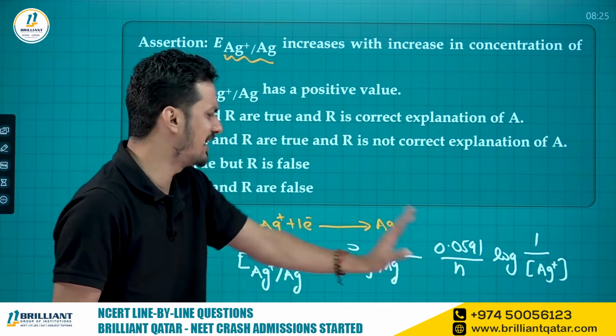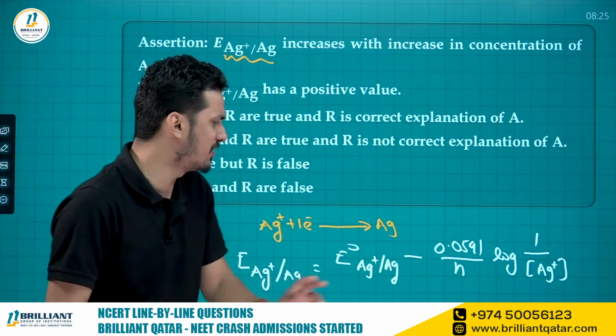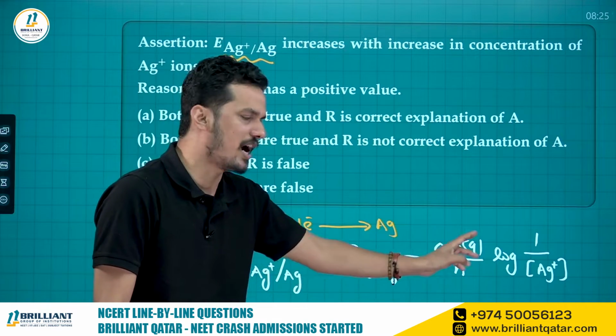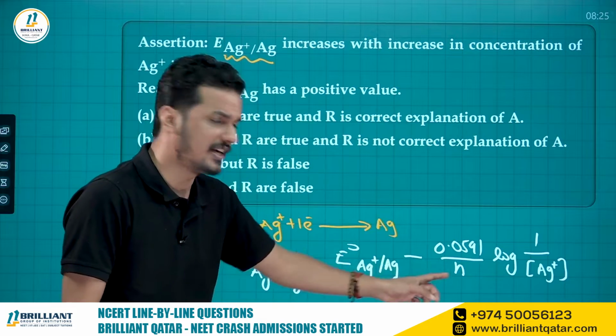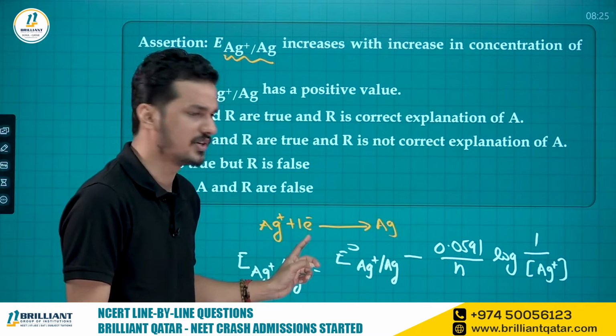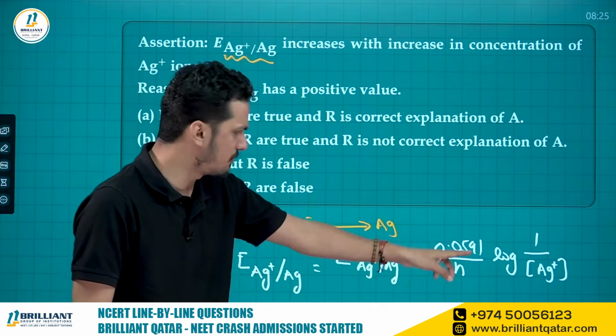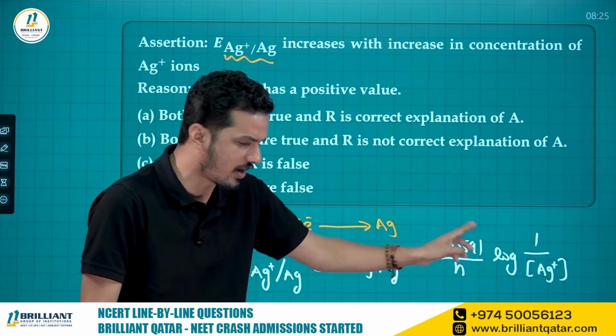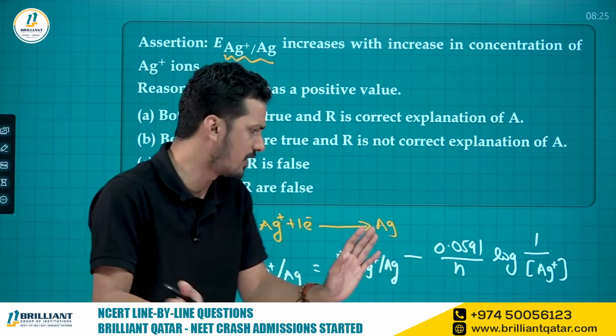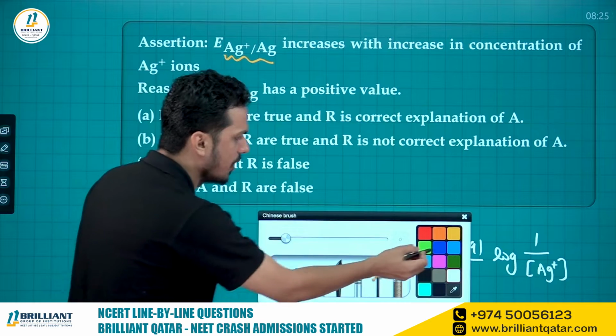This is at 298 Kelvin. If it is not 298 Kelvin, we can take 2.303 RT by nF. Here n value is 1, so no need to think about that. The portion before the logarithm is constant, you don't need to worry about that.